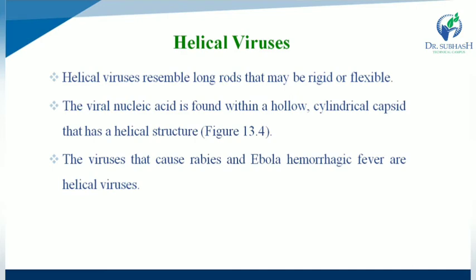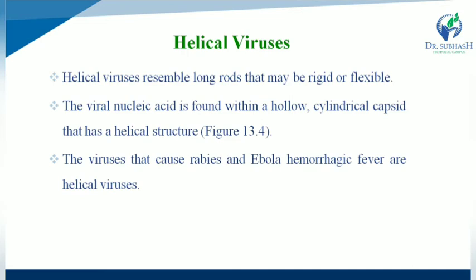The viral nucleic acid is found within a hollow cylindrical capsid that has a helical structure. The viruses that cause rabies and Ebola hemorrhagic fever are helical viruses.